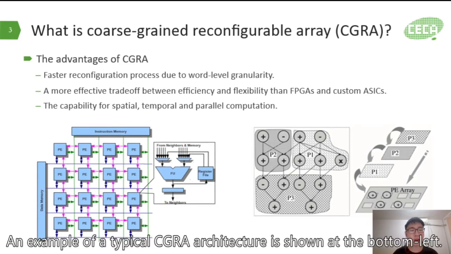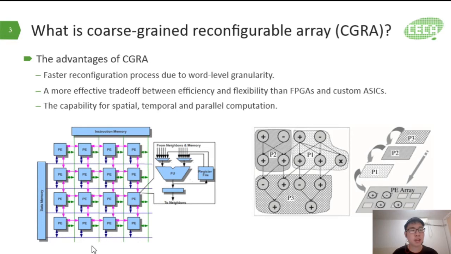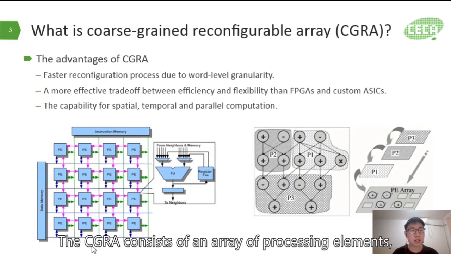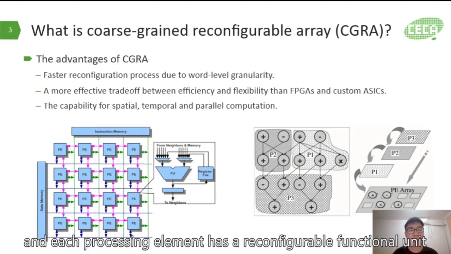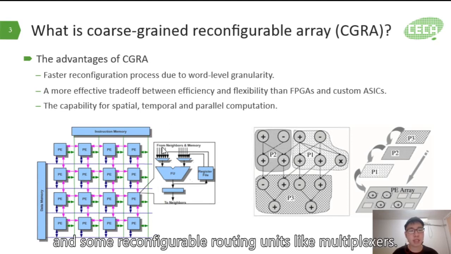An example of a typical CGRA architecture is shown at the bottom left. The CGRA consists of an array of processing elements, and each processing element has a reconfigurable functional unit, and some reconfigurable routing units like multiplexers.